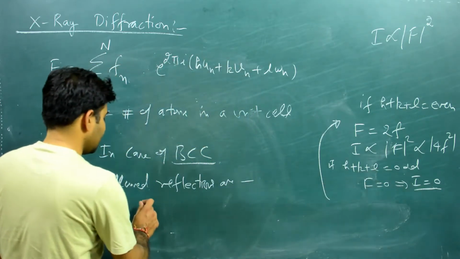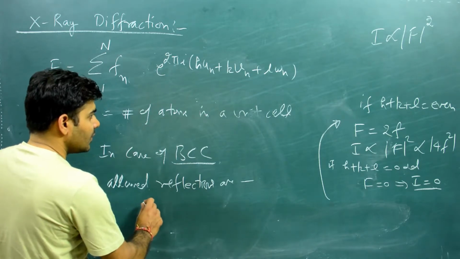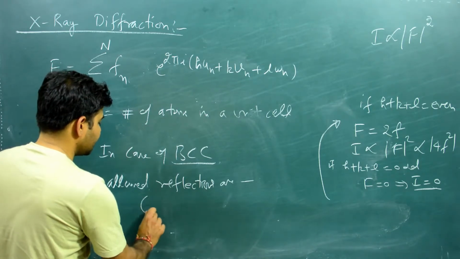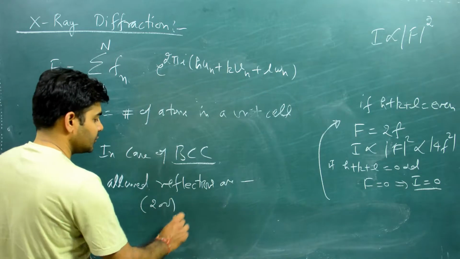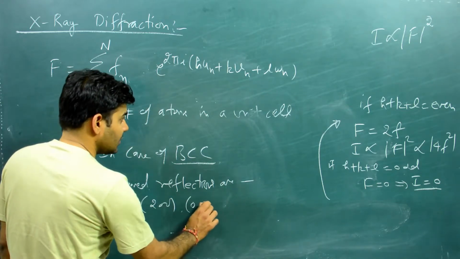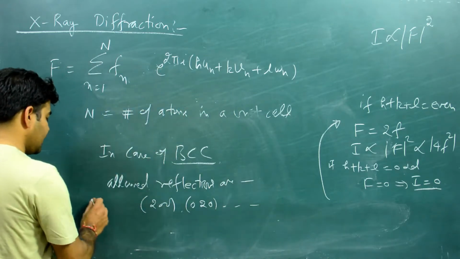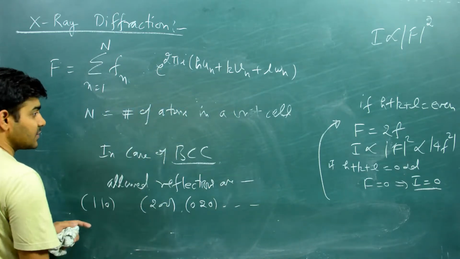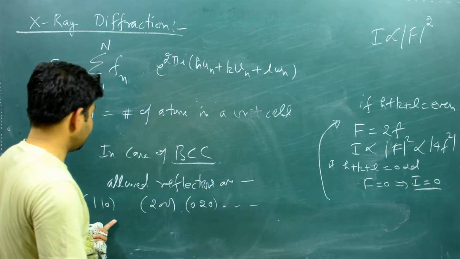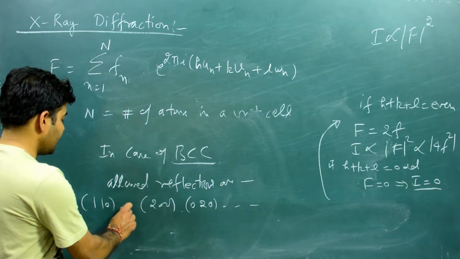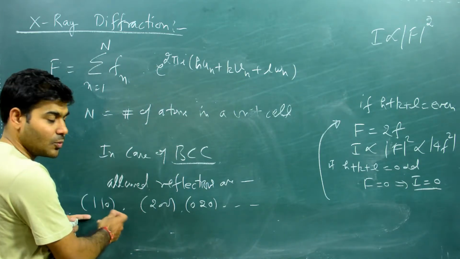For example, 2 0 0, 0 2 0, etc. Even before that, 1 1 0, because you see that h plus k plus l is even for 1 1 0. Or 1 0 1 or 0 1 1.